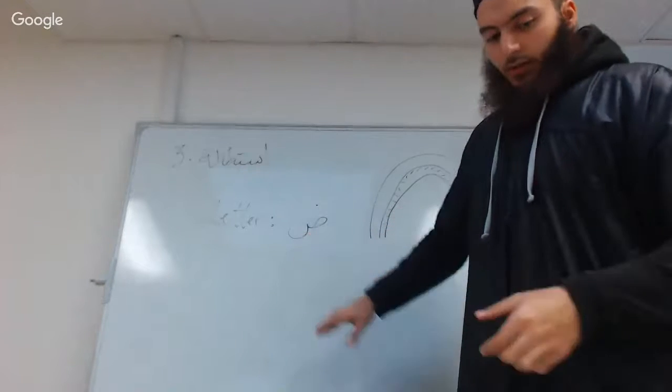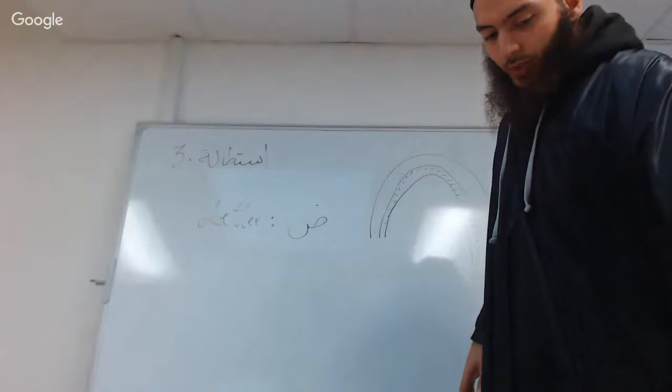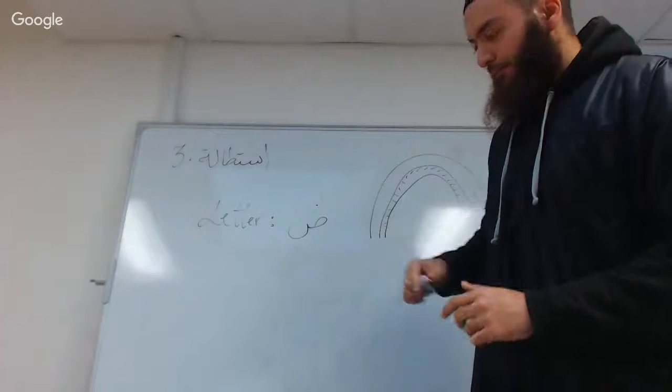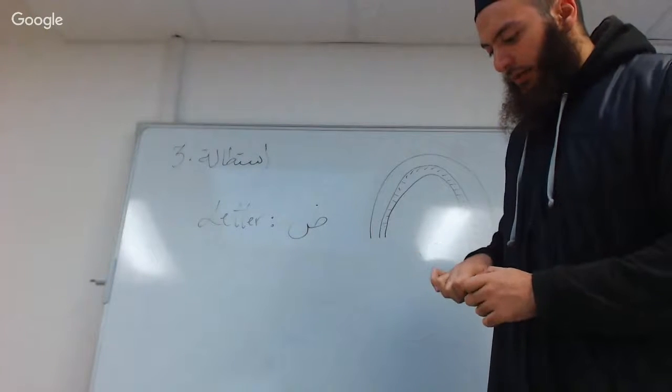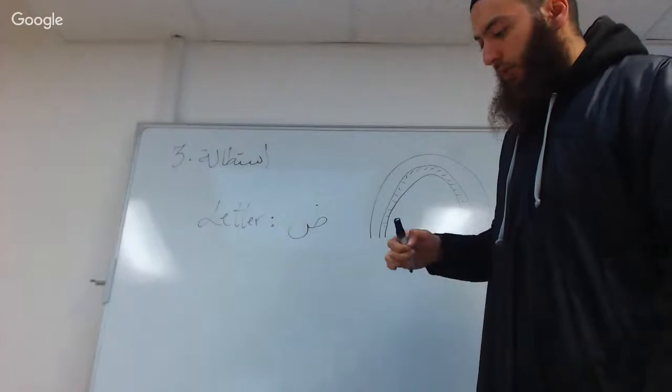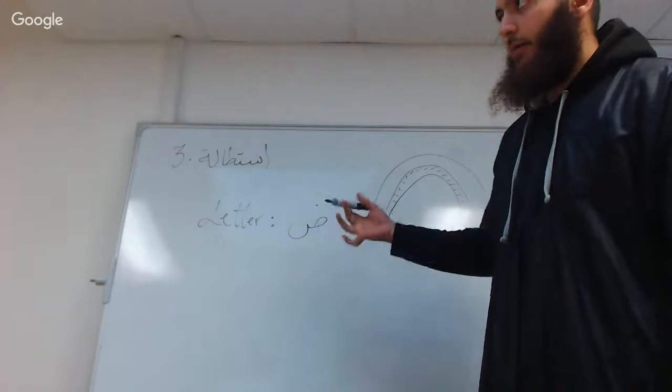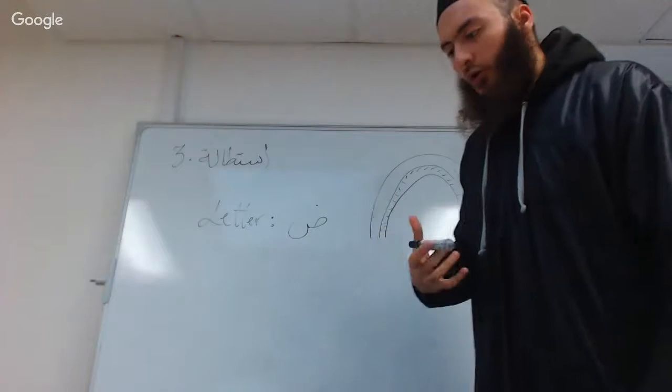Istitala, as we just said, would be most pronounced in the sukun case, and it nonetheless exists in the fatha, dhamma, and kasra. Where it would be most obvious would be in the shadda.